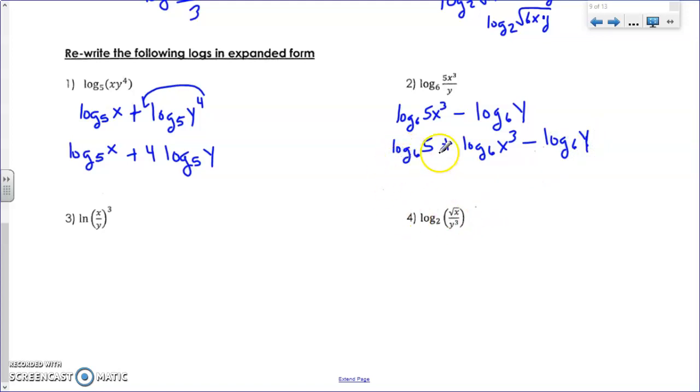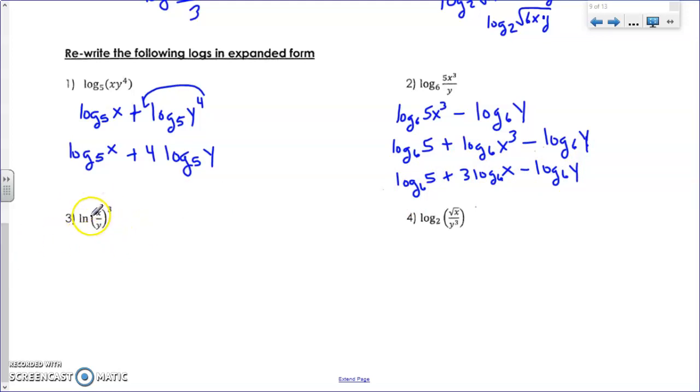Okay, so we look, this one's good. Oh, we got an exponent, so it's got to go to the front. And so that 3 comes out to the front. And there we have it. No exponents, no multiplying, no dividing, and it's expanded.